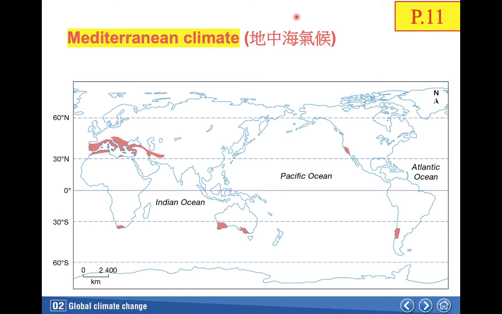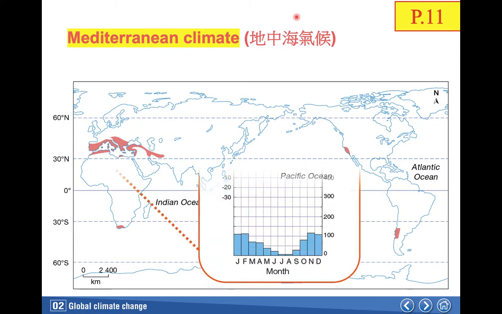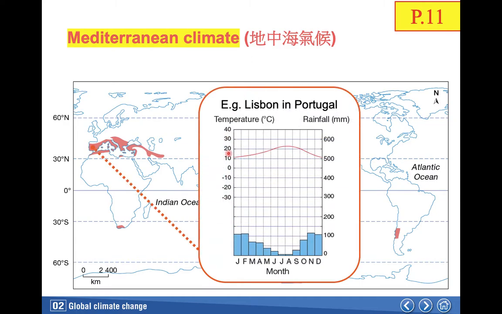So what are the characteristics of this Mediterranean climate? You can see from this climatic chart, climatic graph. This is an example of a place in Lisbon in Portugal, 喺葡萄牙嘅里斯本啦, which is a very famous place for people to go for traveling.